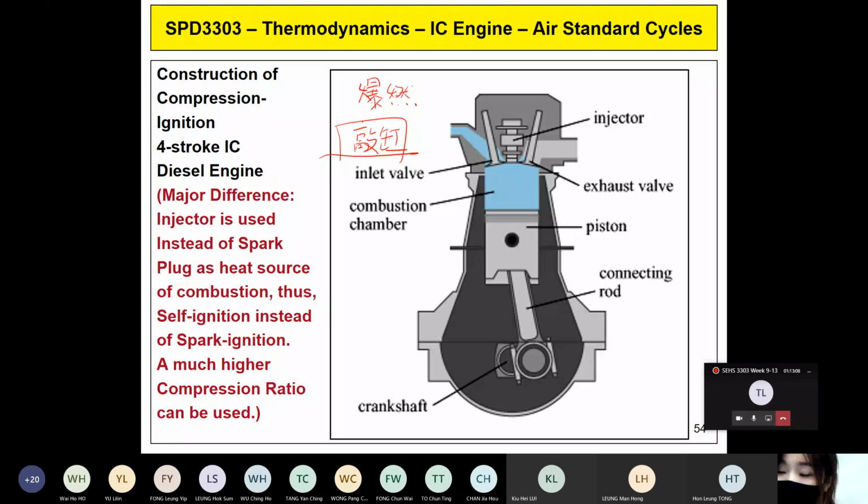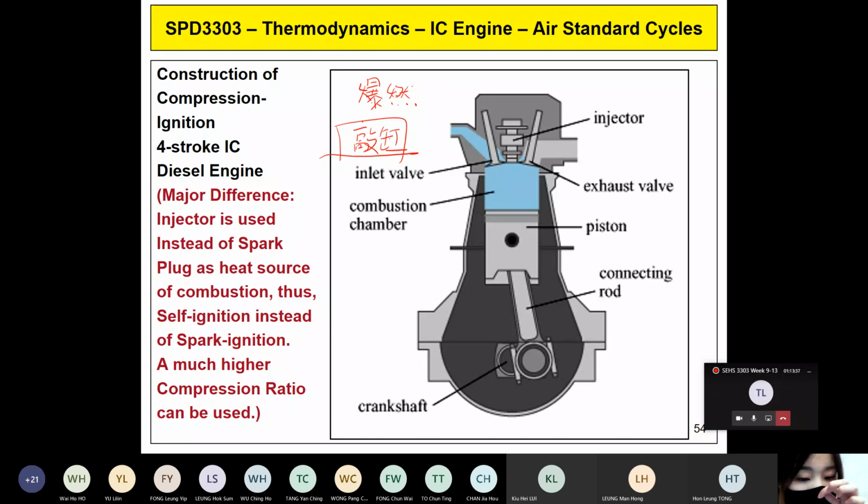So we cannot compress gasoline too much. Although the self-ignition temperature of gasoline is higher than that of diesel, it is not as stable as diesel because it's lighter; the density of gasoline is smaller.